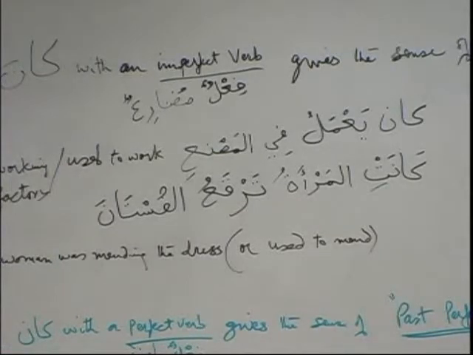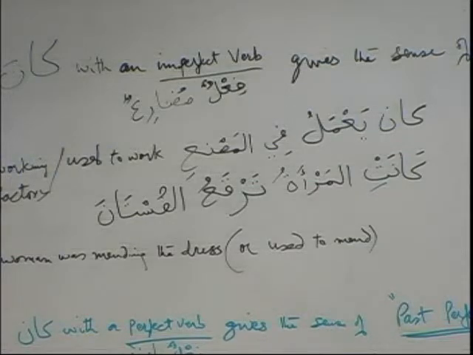So this is the sense of continuity. Or how do you say, he used to work? Then you will say kana ya'malu, meaning he used to work. So keep that in mind. What is that important thing? Kana with fi'l mudari'a gives you the sense of past continuous.